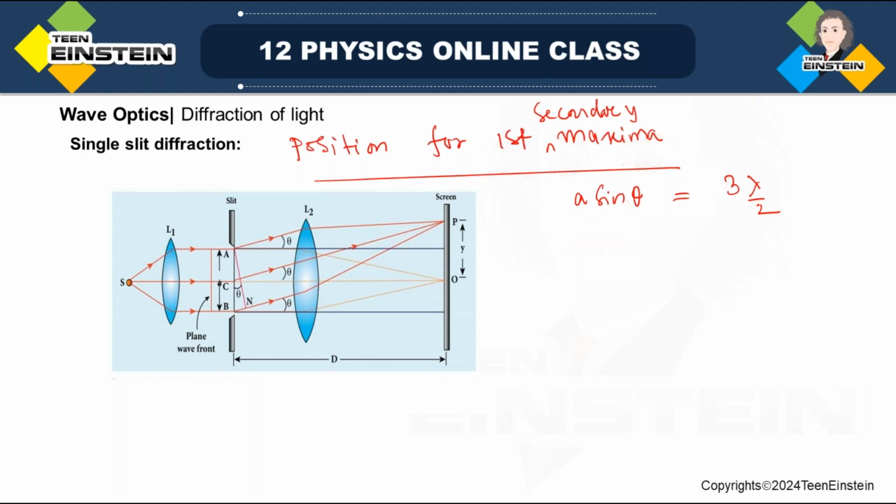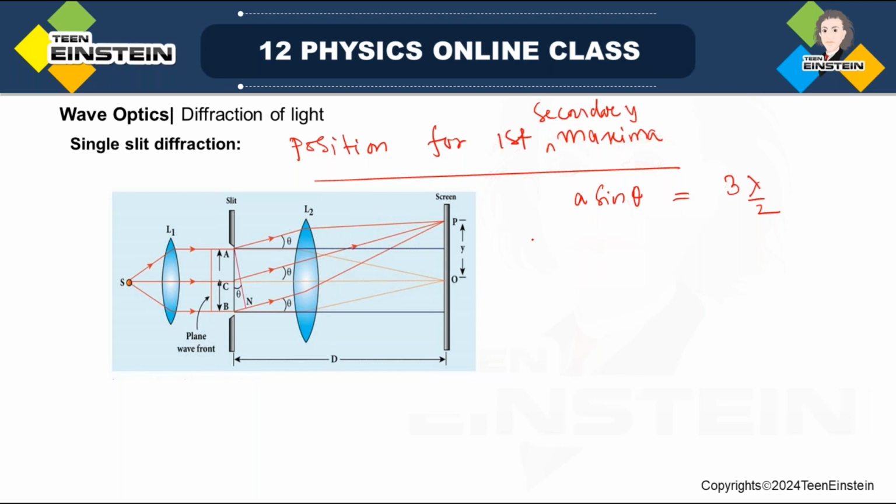You might be thinking how I am writing so fast. Yeah, we are writing fast because this is not very trivial calculation to show you this condition. You learn this in higher classes, maybe in graduation. So this is the first. So this path difference has to be 3 lambda by 2.